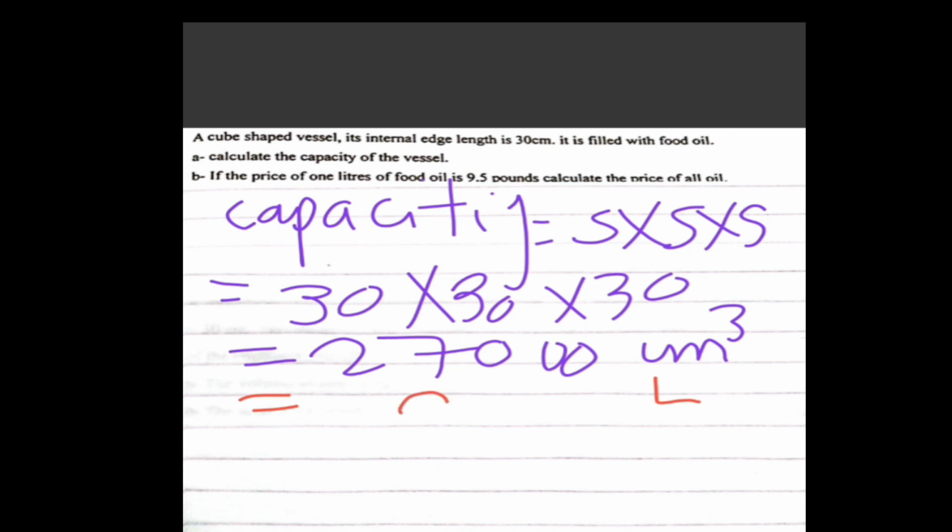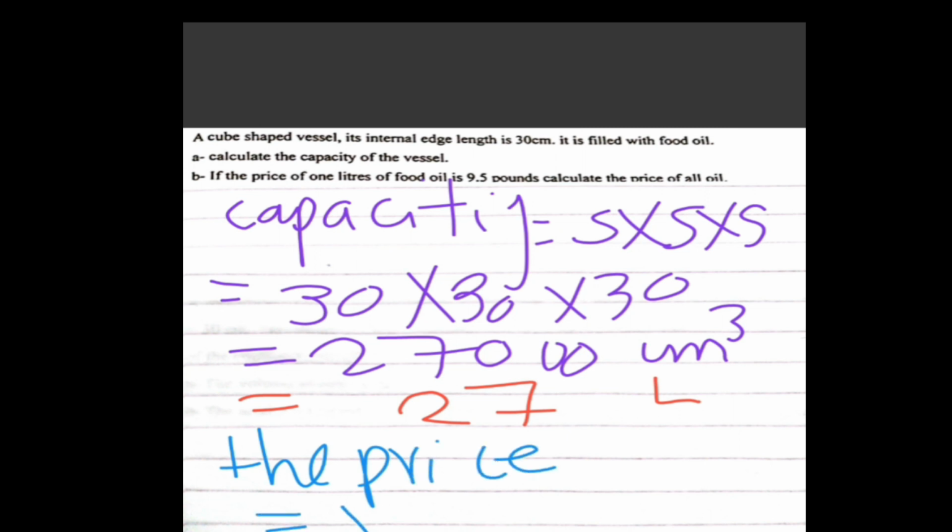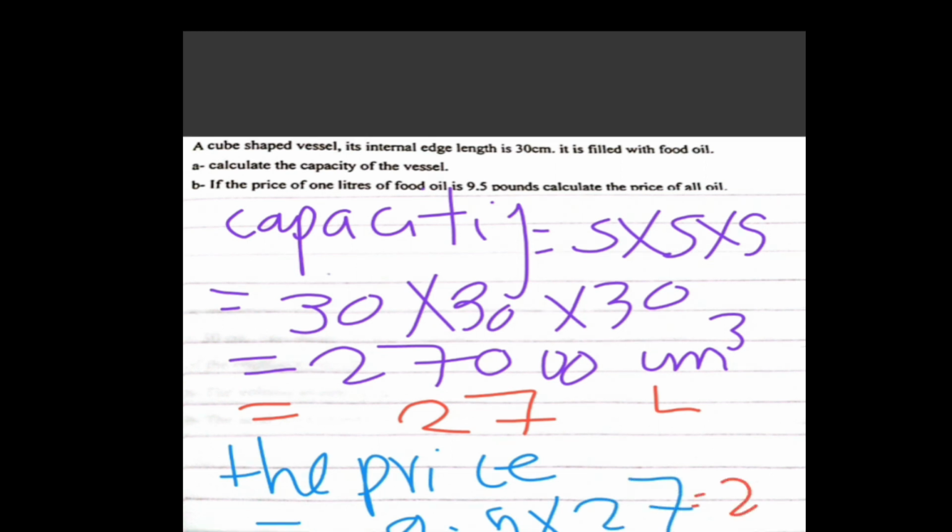And now the price will be the price of 1 liter times the number of liters, as 9.5 times 27. It will be equal to 256.5 pounds.